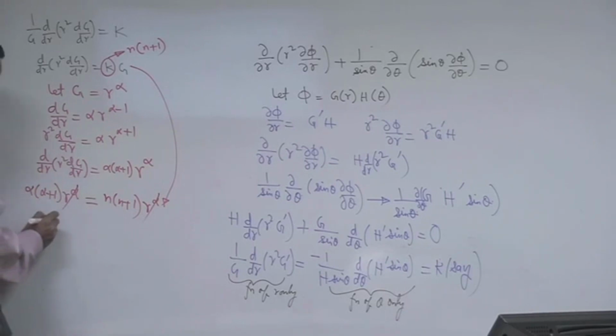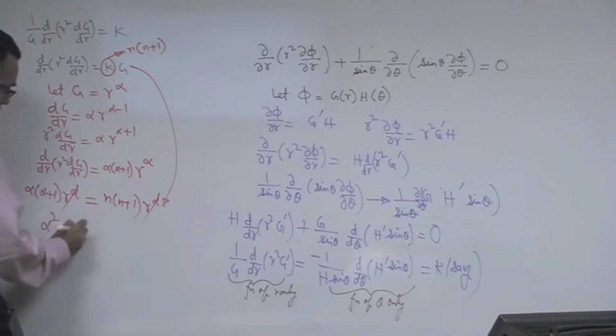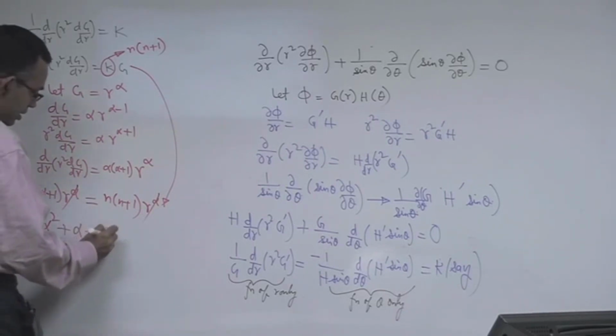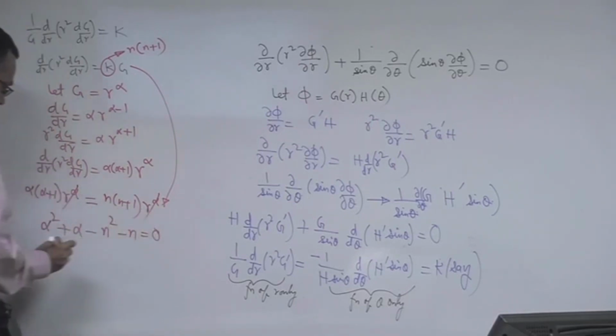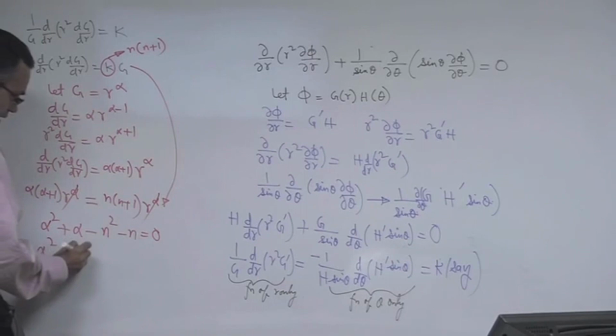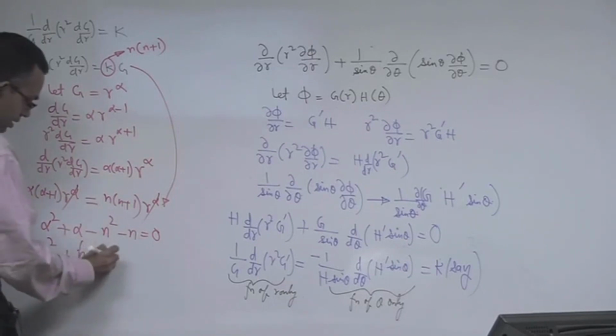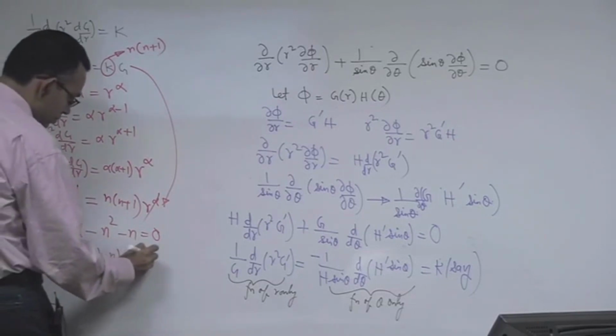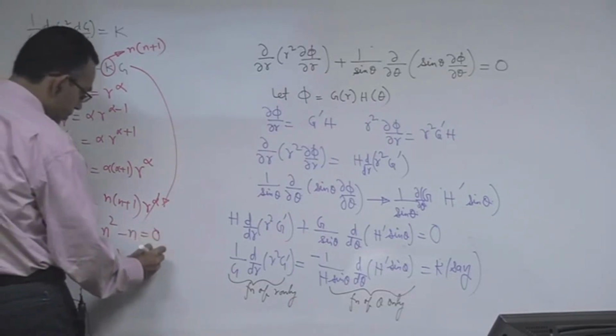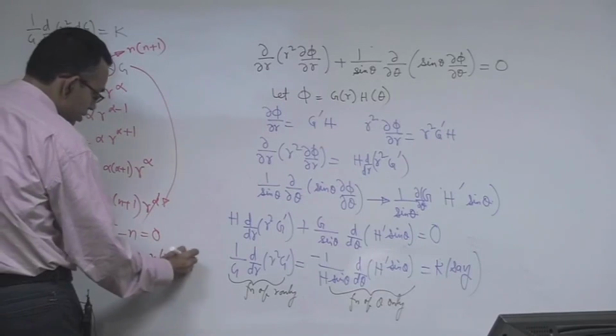So, you can write alpha square plus alpha minus n square minus n is equal to 0. So, you can write alpha square plus n plus 1 minus n into alpha minus n into n plus 1 is equal to 0.